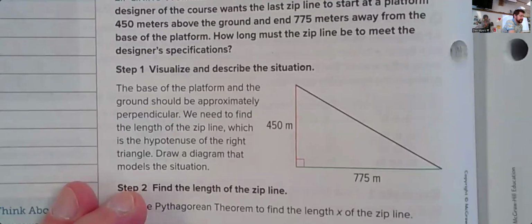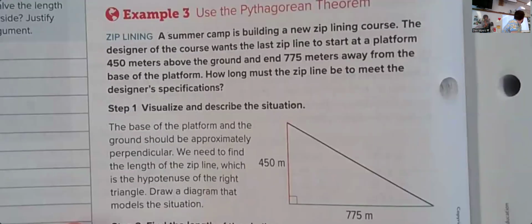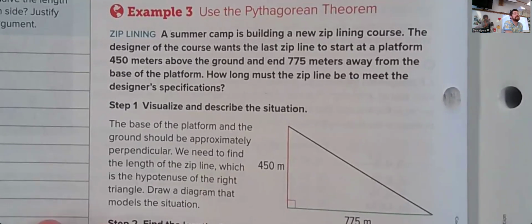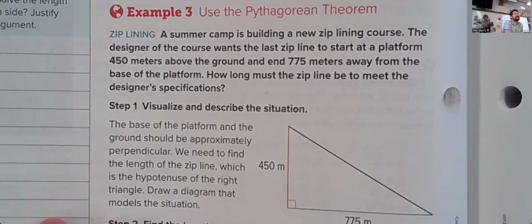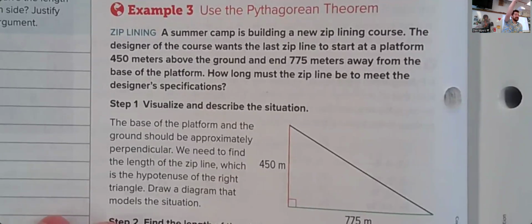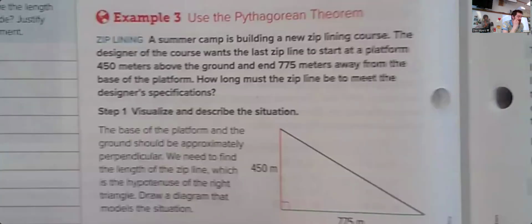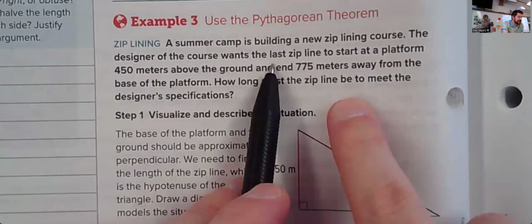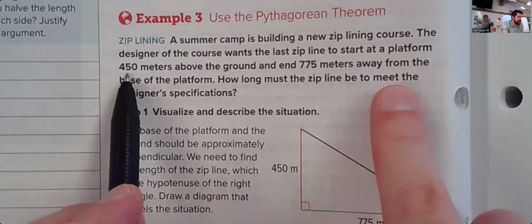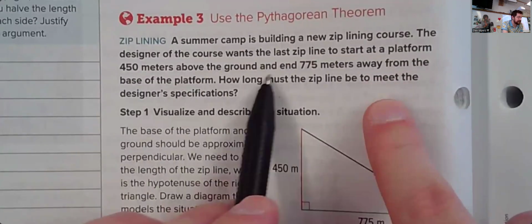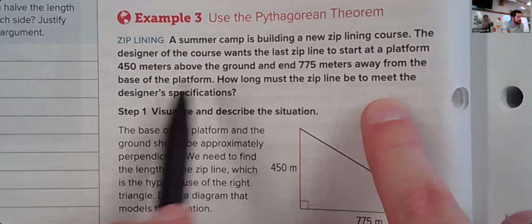Example 3. So a summer camp. Good? Okay, listen in. Thank you. A summer camp is building a new zipline course. The designer of the course wants the last zipline to start at a platform 450 meters above the ground. Whoa, that's tall.